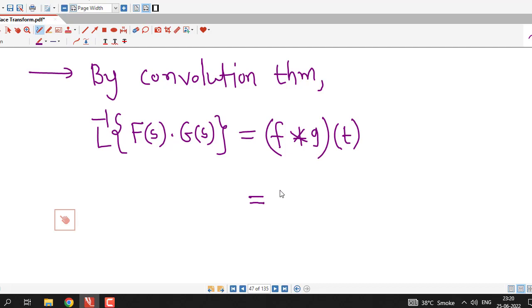We have obtained small f and small g, and here we write f star g of t equal to integral 0 to t f of u g of t minus u du.